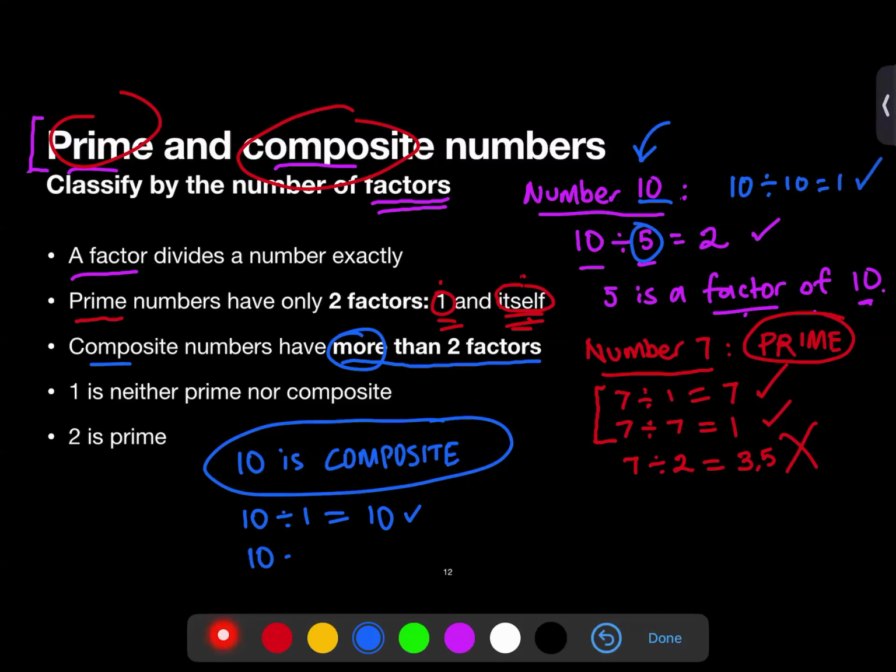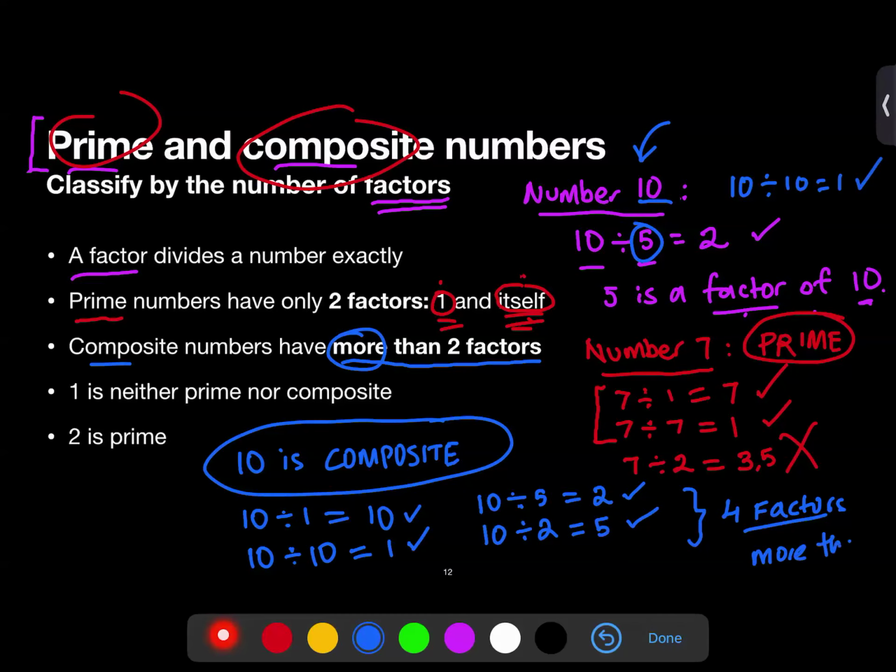It has itself, 10 divided by 10 equals 1, but it also has a factor of 5, right? 10 divided by 5. It has a factor of 2. See, 10 divided by 2. So here we can see there's 4 factors, which is more than 2. So therefore, 10 is a composite number.